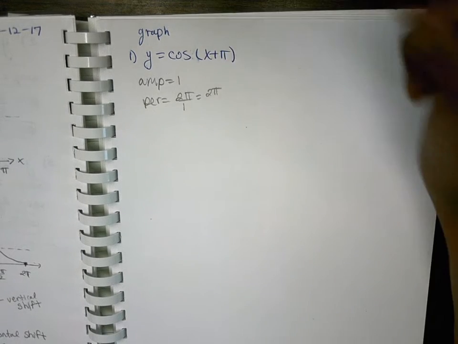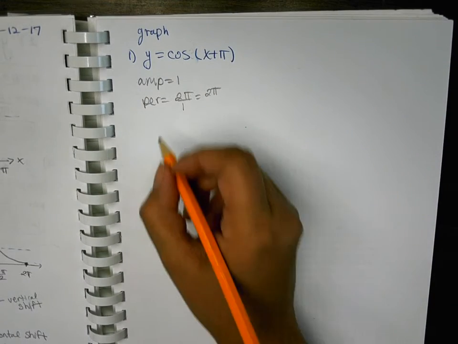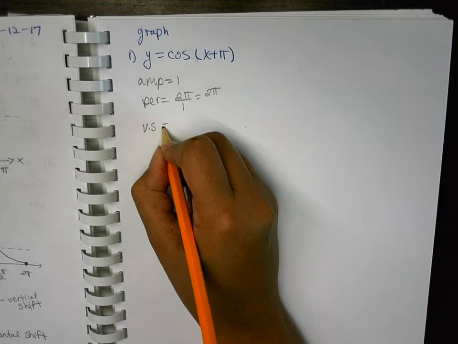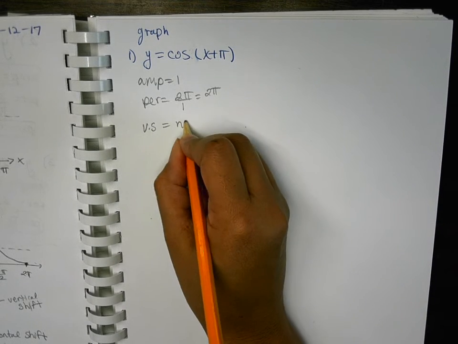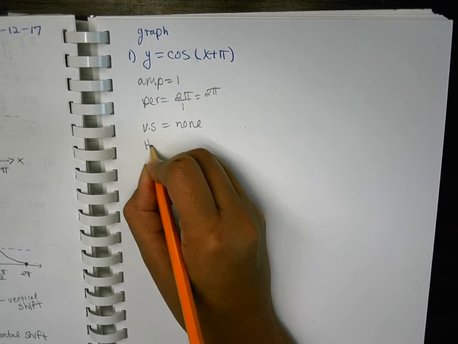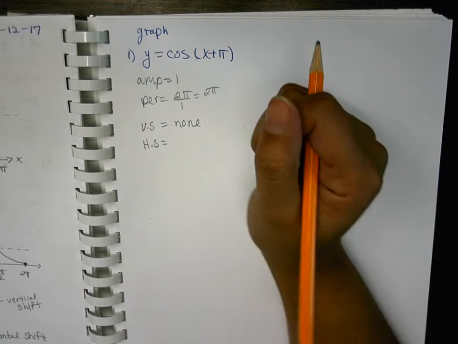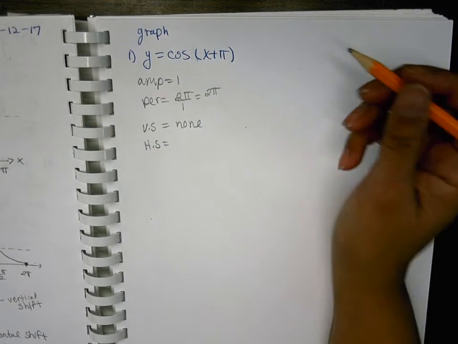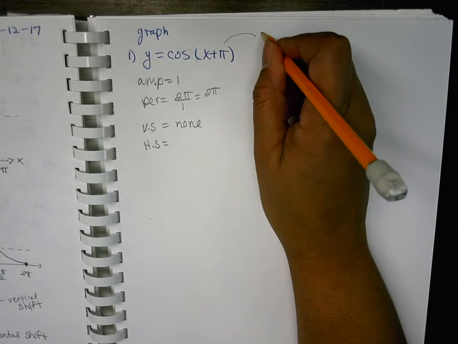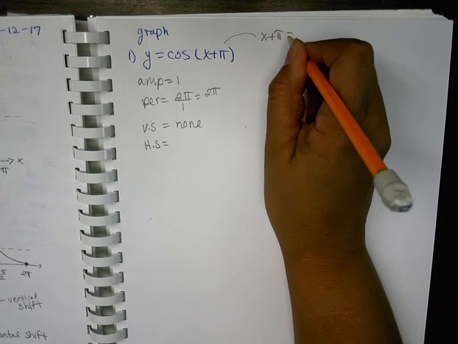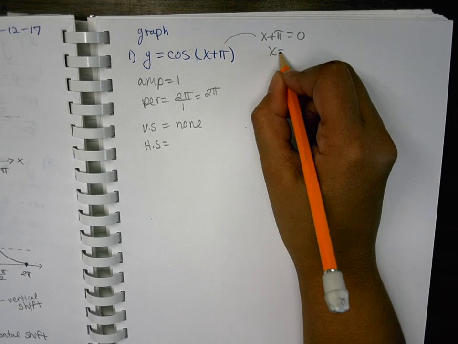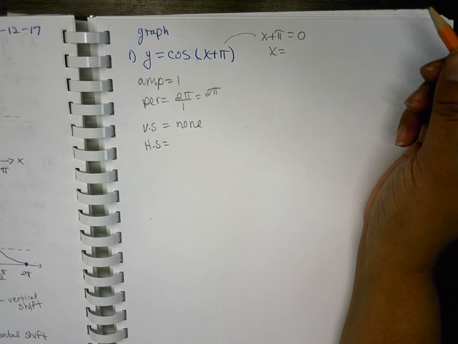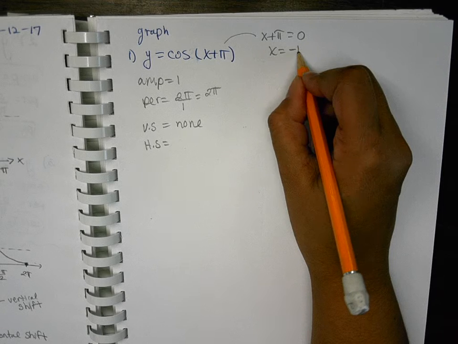Okay. Vertical shift. Vertical shift happens on the outside. Is there an outside vertical shift? None. Is there an inside horizontal shift? If there is, things do change a little. So you take your x plus pi and you set it equal to 0. You subtract, that gives you x equals negative pi, yes or no?